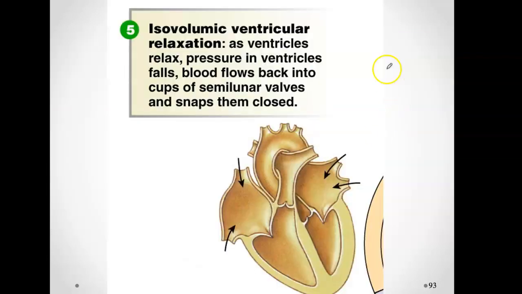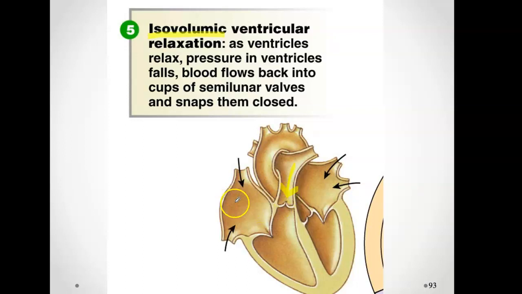Now we're going to have another isovolumic, same volume, ventricular relaxation. As the ventricles relax, pressure in the ventricles falls, and blood flows back into the cups of the semilunar valves and snaps them closed.